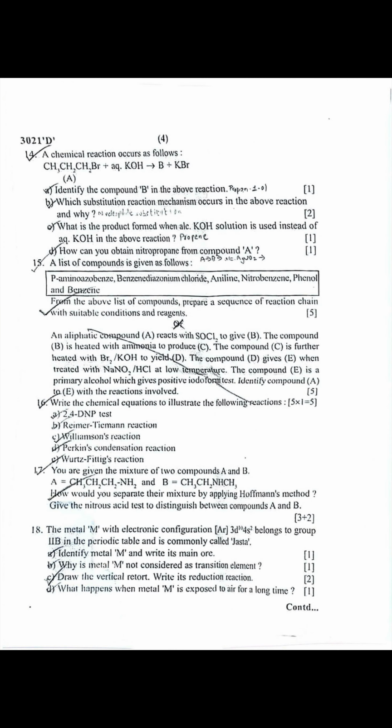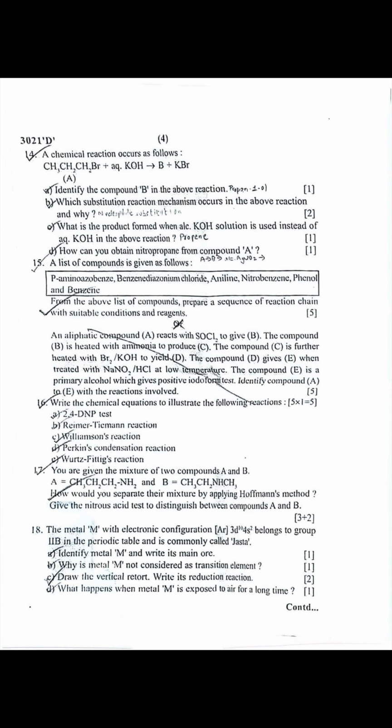Question number 14. A chemical reaction occurs as follows: CH3CH2CH2Br, bromopropane, plus aqueous KOH, potassium hydroxide, gives P plus KBr. A. Identify the compound P in the above reaction.